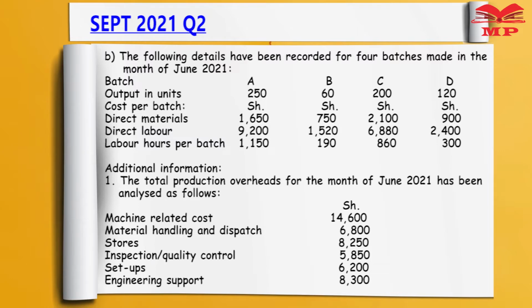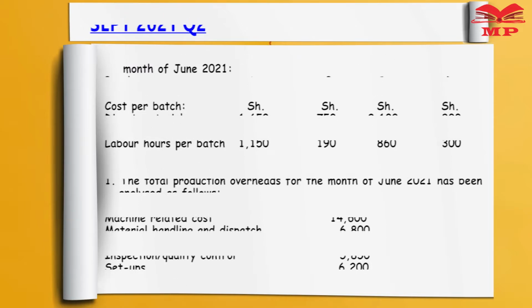Machine-related cost is a cost driver, and the cost is 14,600. Material handling and dispatch is a cost driver, and the cost is 6,800. We've been given up to engineering support, and then we have the volumes given for batches A, B, C, D in note number 2, and there are totals that are given.